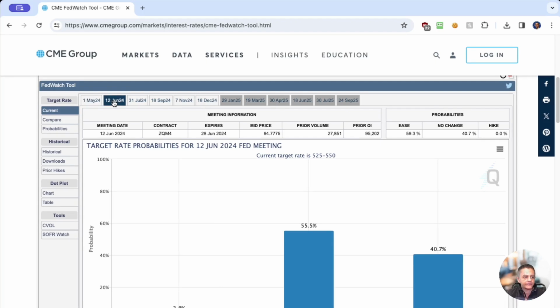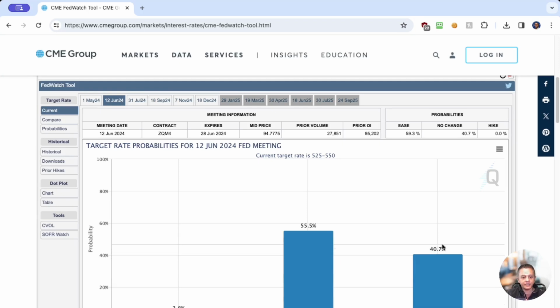So if you click on June, it's showing you the chances of the Fed maintaining the current rate is 40%, and the chances of first rate cut is 55%. So the markets are expecting a rate cut in June. Now these probabilities change every day, so you need to look at this tool like 5 to 7 days before the FOMC meeting.